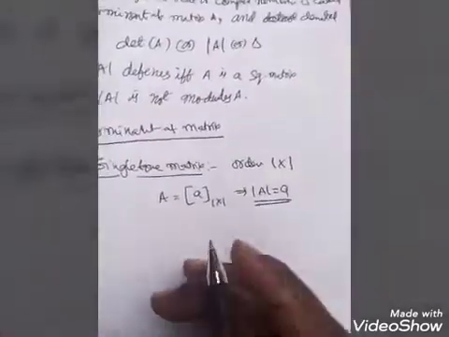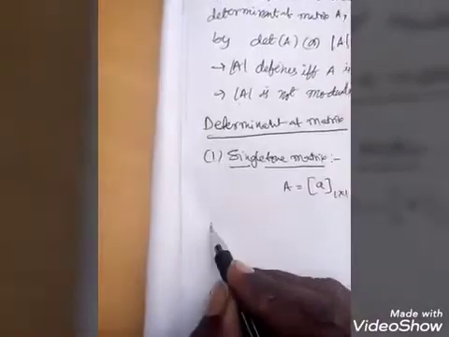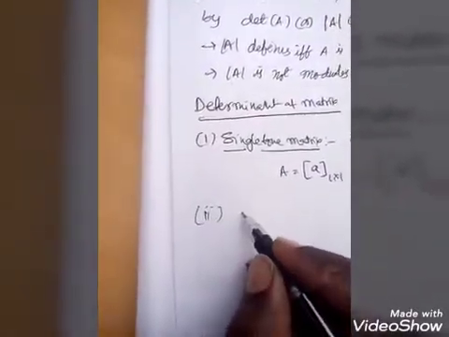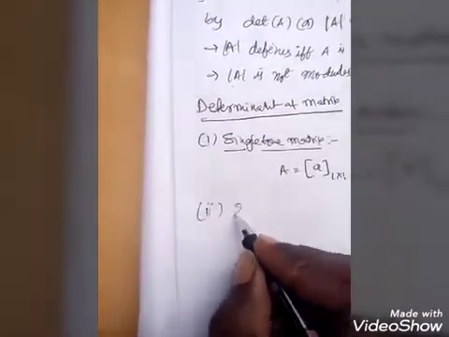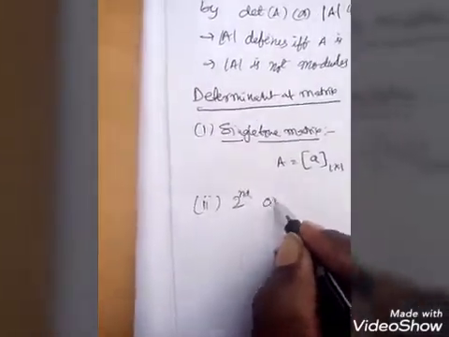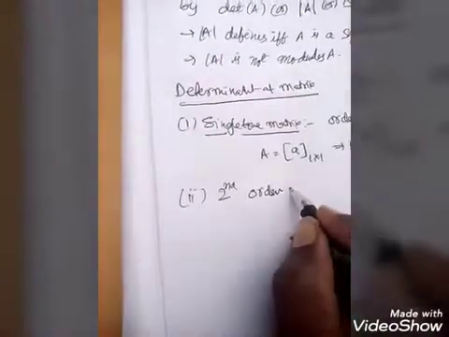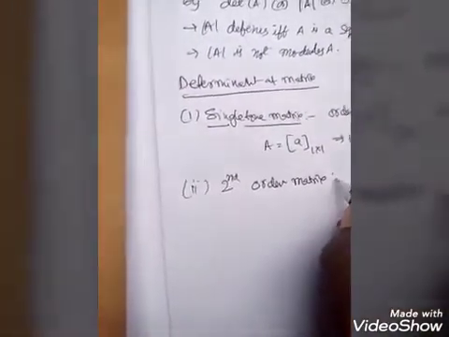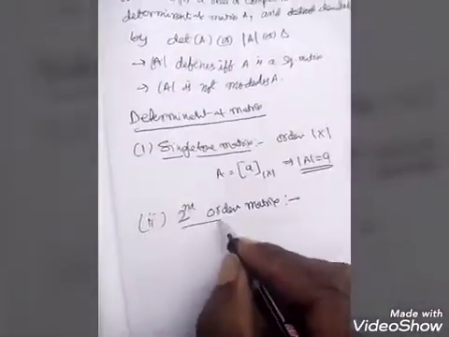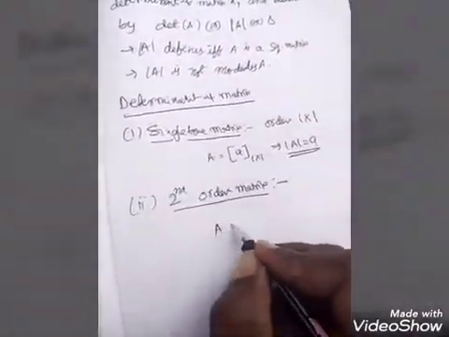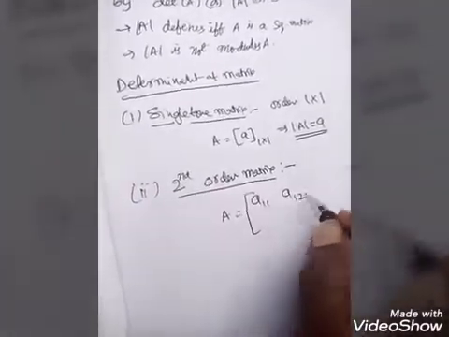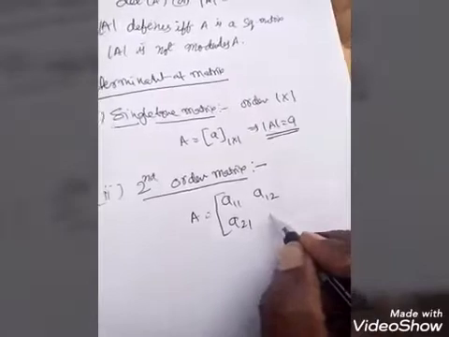Now, the second one is a second order matrix. Here, A is equal to a11, a12, a21, a22.